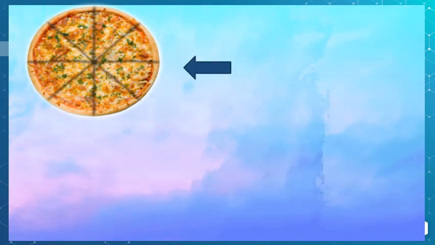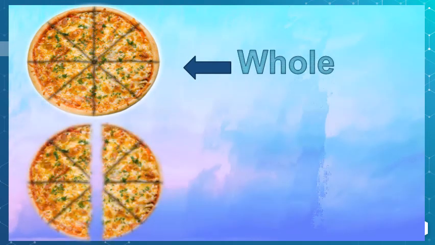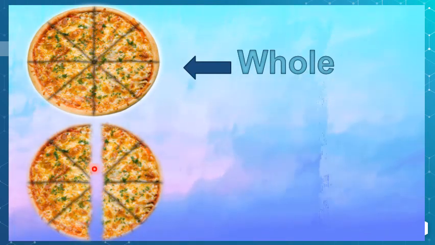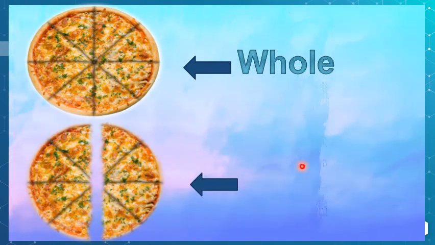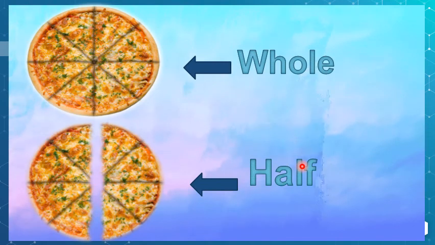For example, in this picture you can see this is a whole pizza and we can say it is a whole. And in the second figure you can see we have divided a pizza into two equal parts and each part is called half.